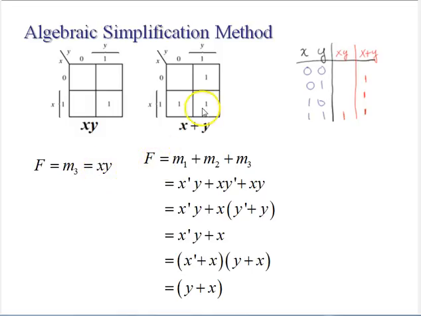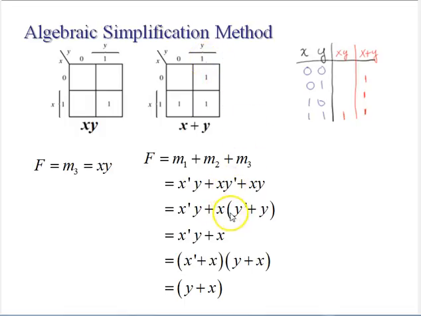For our OR function, we have three minterms, so we look at this in terms of f is equal to minterm 1, or minterm 2, or minterm 3. We can expand each minterm, and we can see here when x is equal to 1, y is equal to 0 or is equal to 1.